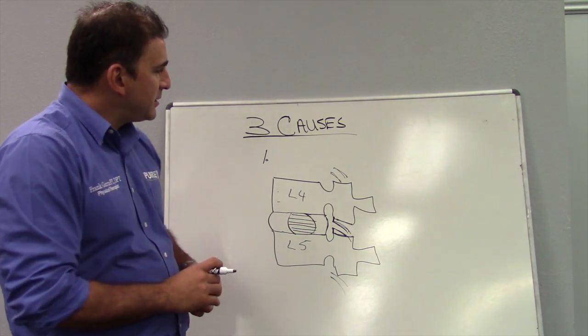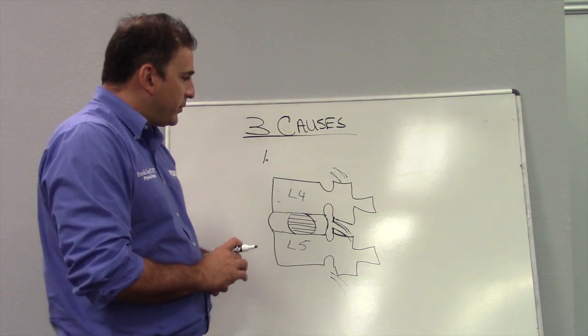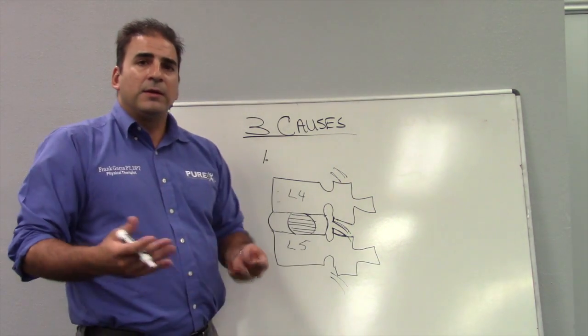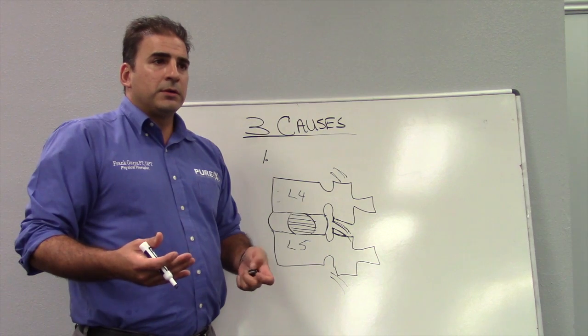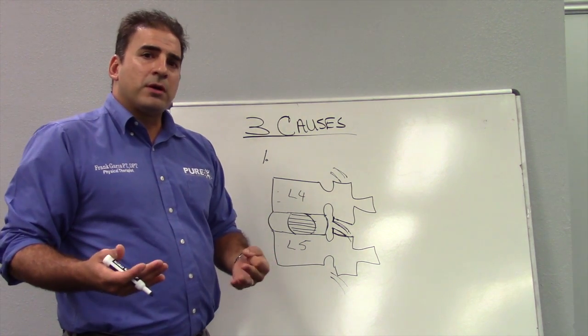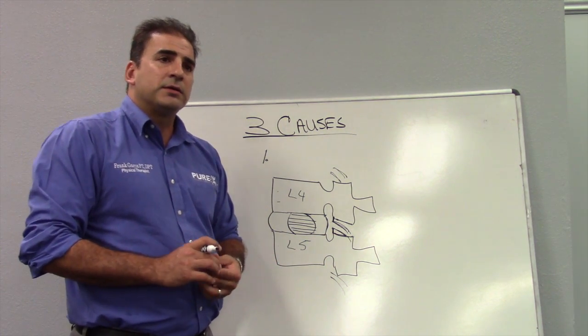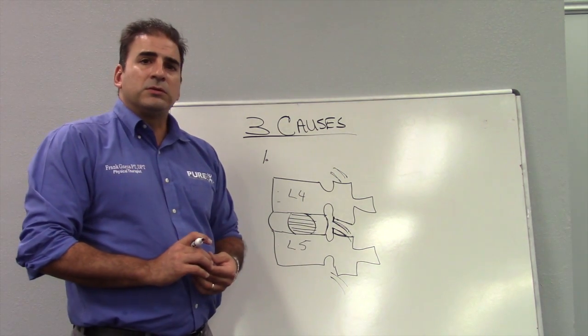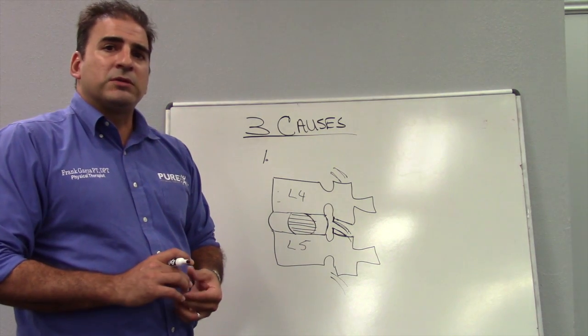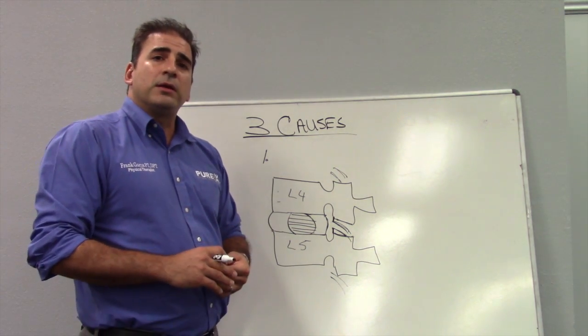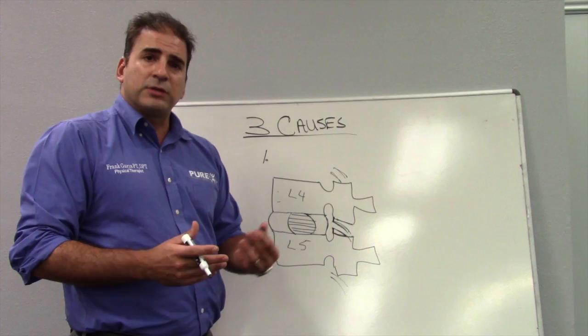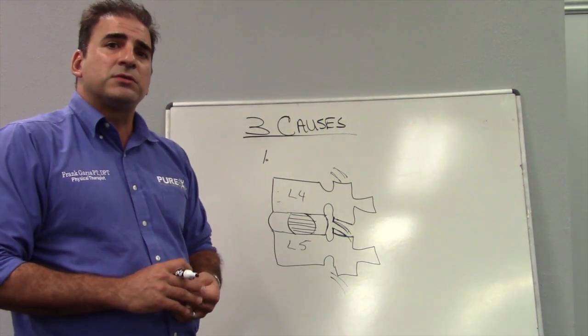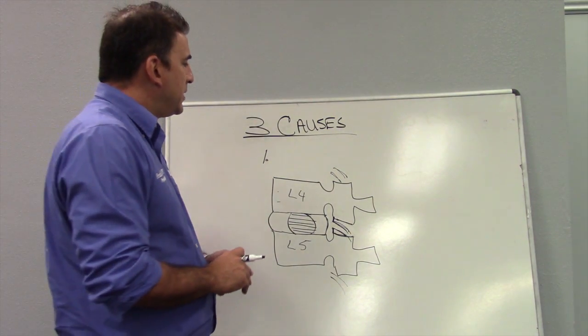So yes, a disc can be healed, but I want you to understand that just because you have a herniated disc on an MRI does not necessarily mean that it is the cause of your back pain. When that's the case, we need to find a therapist who will further evaluate you and look at your MRI findings to tell you if that's truly the cause of your back pain.